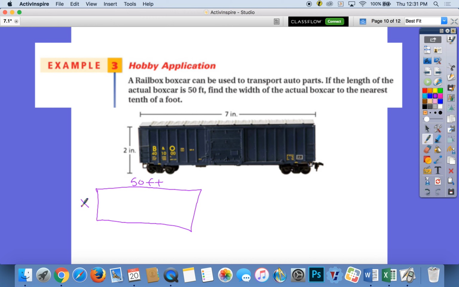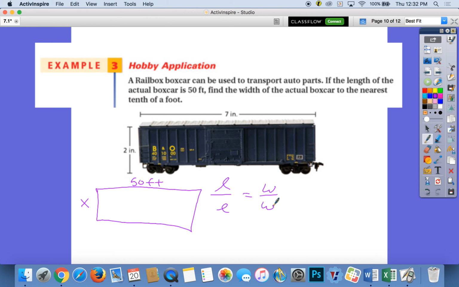Okay, so we're going to set up a proportion. We want to show that these guys are similar. They're obviously going to have the congruent angles, and we're rounding to the nearest tenth of a foot. Okay? So basically, we're going to compare our length to our length and our width to our width.